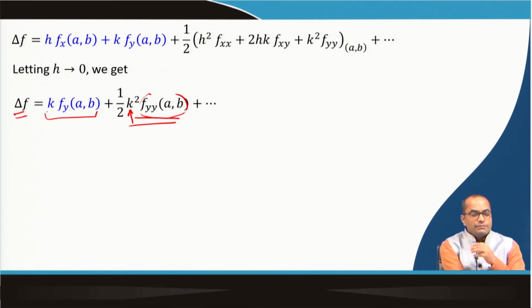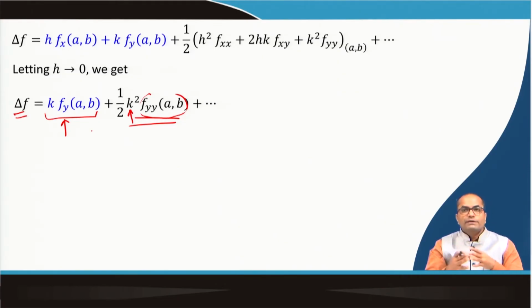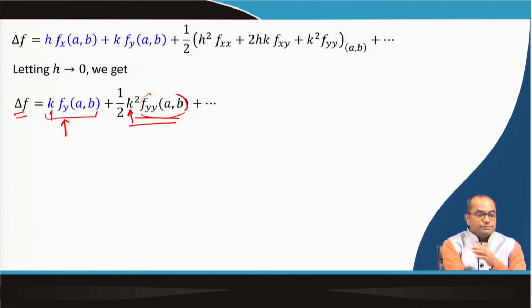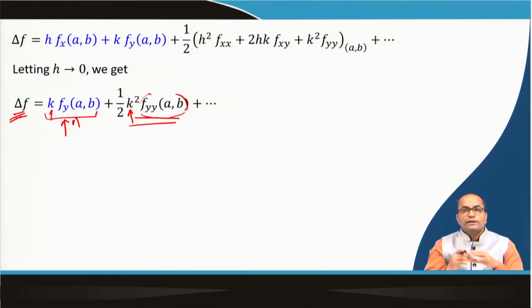So, there will be a neighborhood where the sign will depend only on the first term, because f_y at (a, b) is some given value there. So, the sign will depend on k. If k is positive, the sign of delta f will be positive, if k is negative, the sign of delta f will be negative, because that will depend only on the first term, not on the sign of the second term.